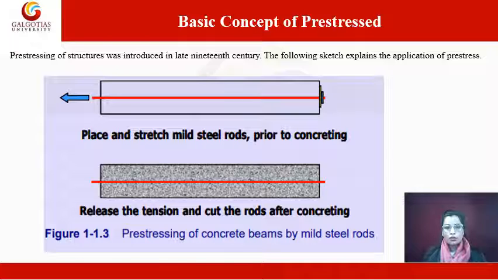So before placing the concrete, we apply the steel bar, then we tension this bar, and after that we place the concrete in this part. And after it we can cut the rod after concreting. So this is the pre-stressing of a concrete beam by mild steel rod.